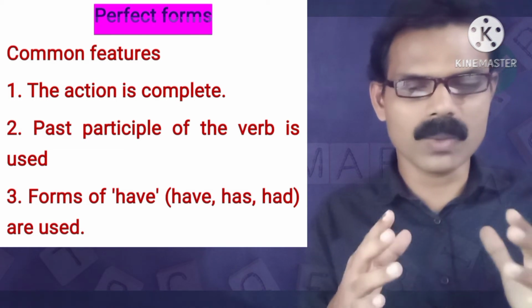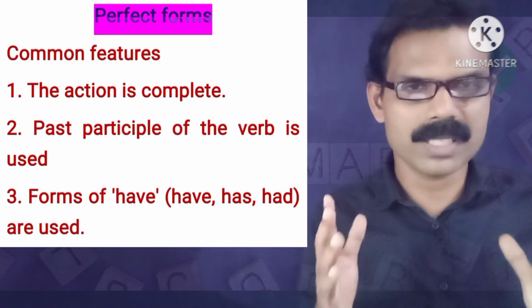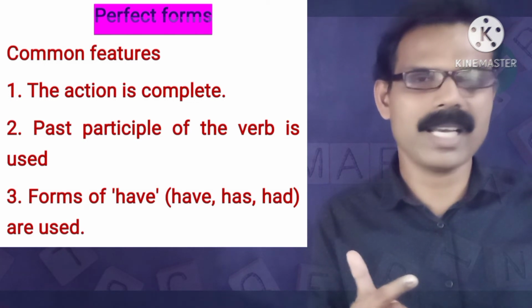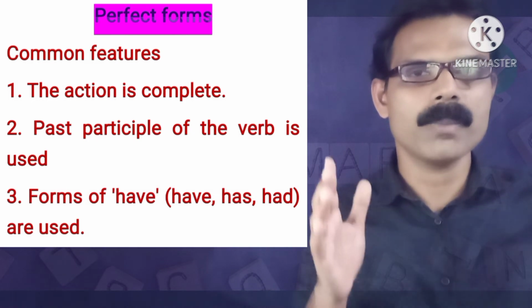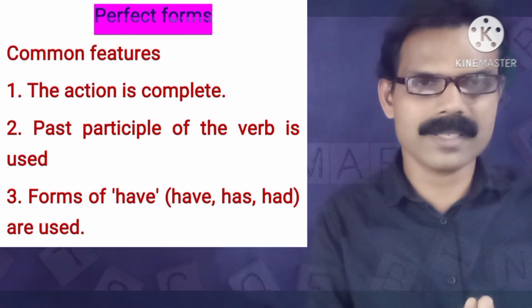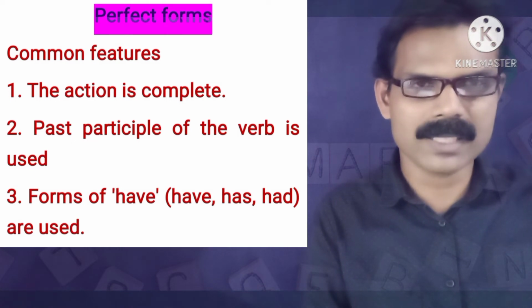And the third one is forms of have is used. Have, has, had. Any one of them will be there in a perfect tense, no doubt. So if there is a form of have, make sure that it is a perfect tense.